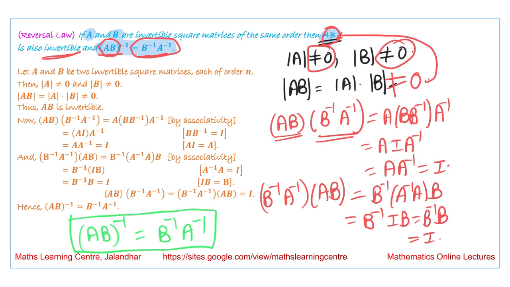We have proved this thing. This is just like C into D is equal to D into C is equal to I, so D is the inverse of C. So we are writing that inverse of AB is equal to B inverse into A inverse.